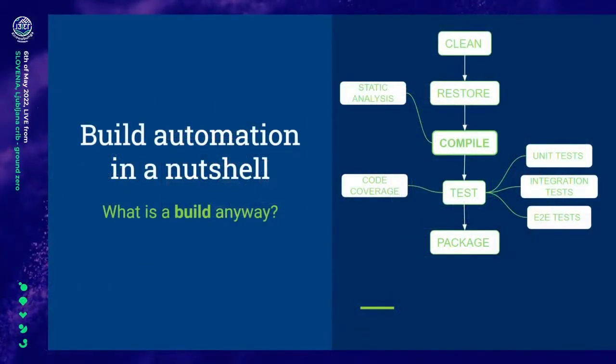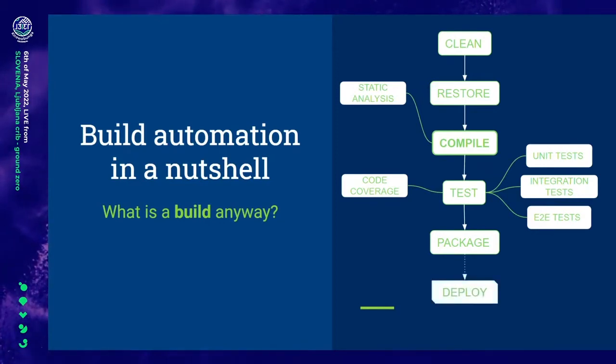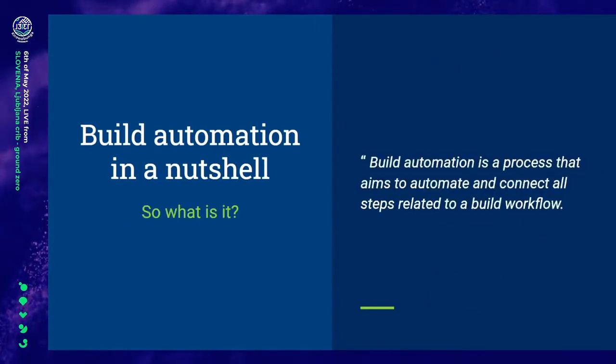It doesn't matter. What matters is that this is the product of our entire build. And when we're done with packaging, we can deploy it. I'm not going to spend too much time on deployment because this is probably worth another speech on its own. So I'm just going to continue to the next step, and let's take it from the top.